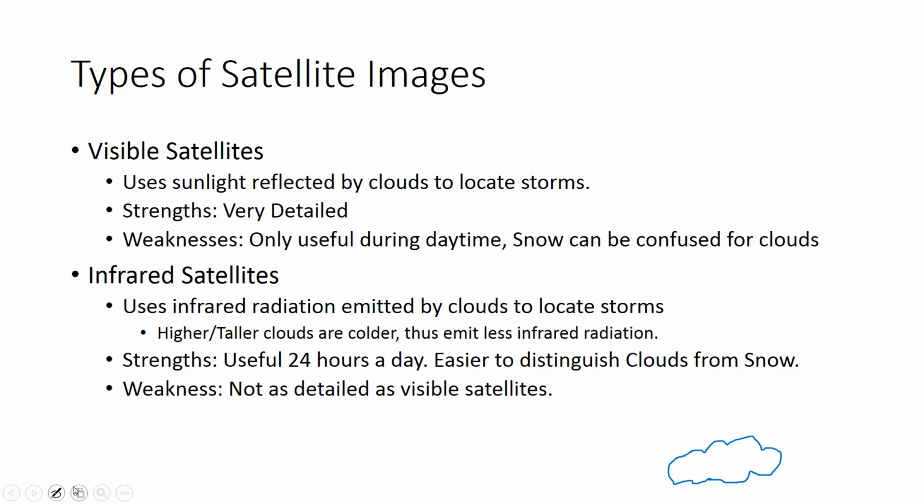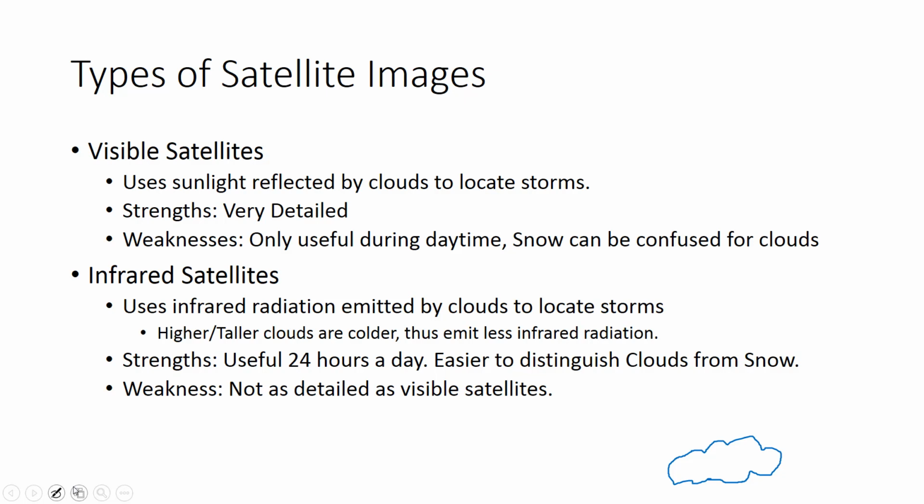We're all emitting radiation. But the type of radiation and the amount of radiation that we emit depends heavily on our temperature. And what's actually cool is that you can use a sensor, and you can even get one of these from Amazon for like $10. And using that sensor, you can measure the radiation an object is giving off and determine its temperature. Well, infrared satellites do the same thing.